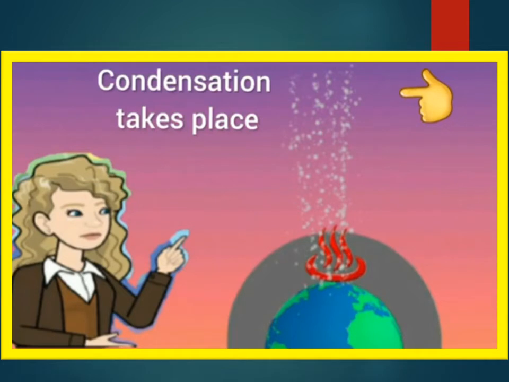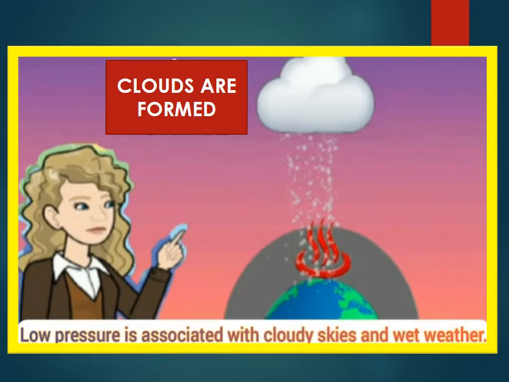On higher altitudes, condensation takes place. Why? Because of the low temperatures there, the hot air cools and condenses. Now once condensation takes place, clouds are formed. So we can say that low pressure is associated with cloudy skies and wet weather.